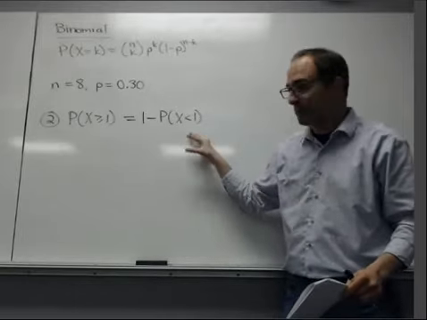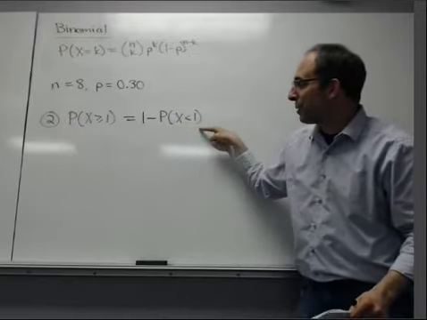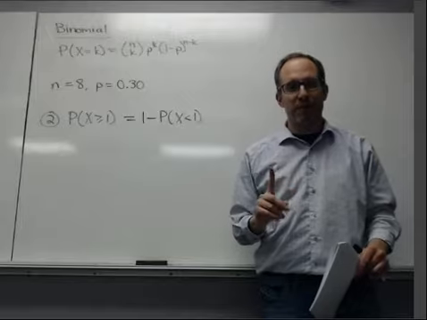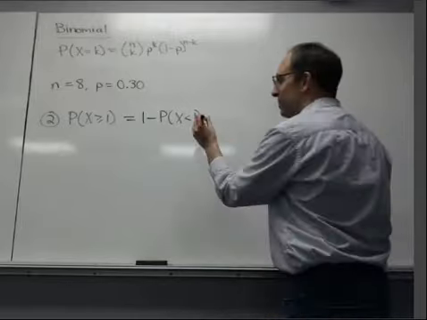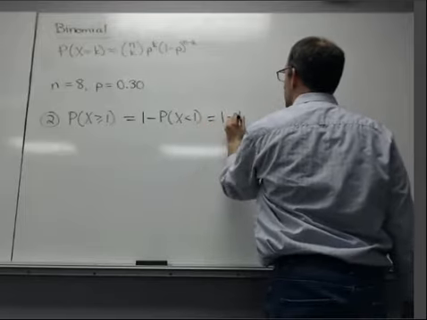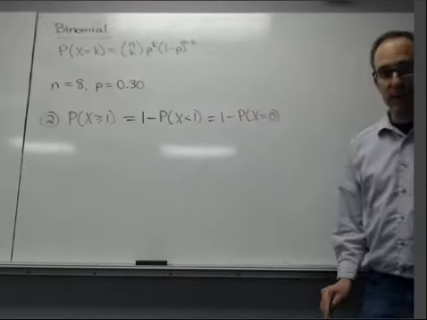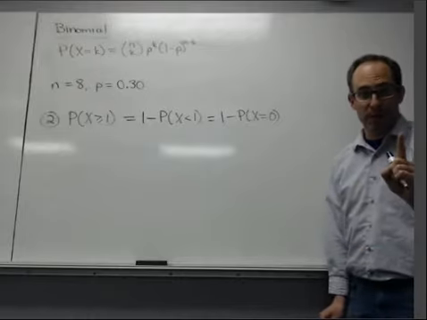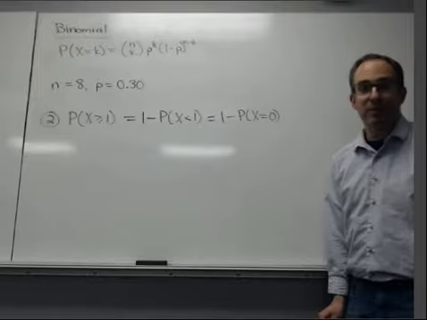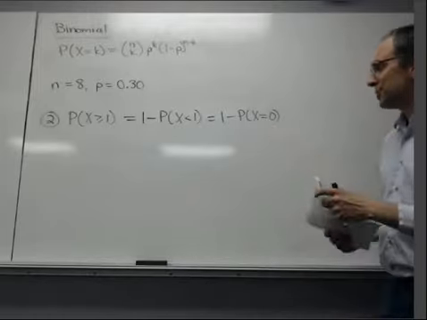So this is absolutely correct. But getting this is not a lot of work because there's only one possible value that's strictly less than 1, and that's 0. So this becomes 1 minus the probability that x equals 0. So in this particular case, if I use the complement here, I have to get 1 probability instead of 8. So I'm going to use the complement here. And this one is really not too bad.